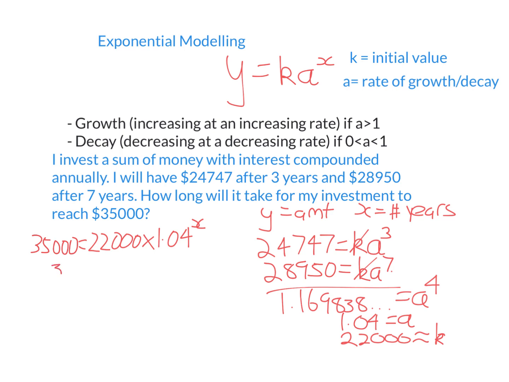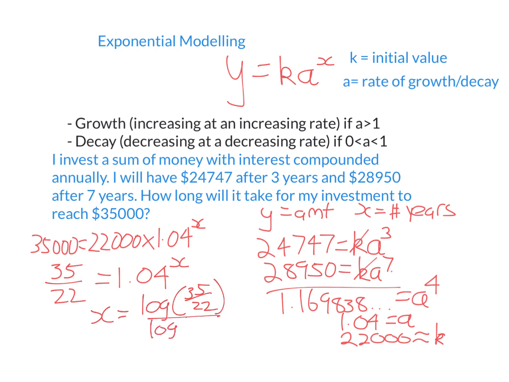So we divide each side by 22,000, and we have this exponential equation, exponential because the unknown is part of the power. We can either use logs or we can use our graphics calculator. If we're using logs, x would just be the log of 35 over 22 divided by log of 1.04.